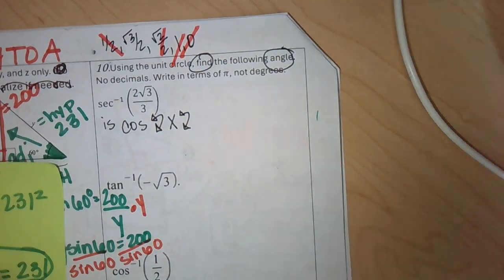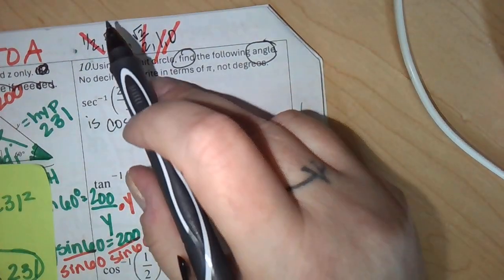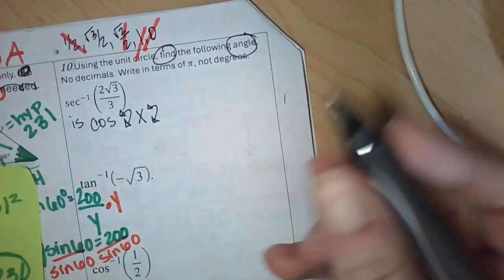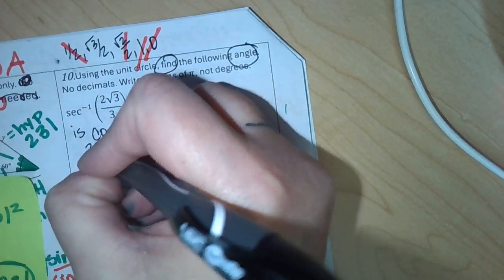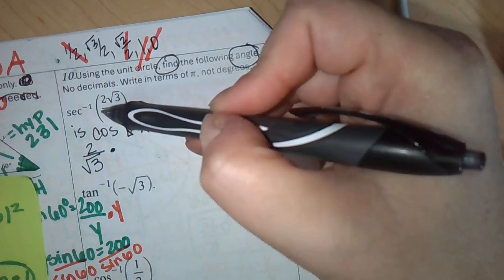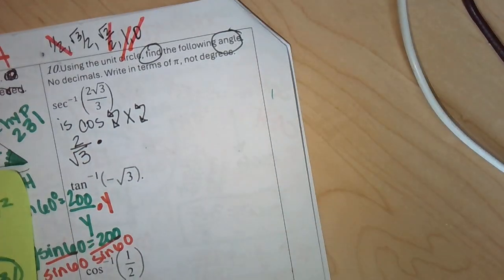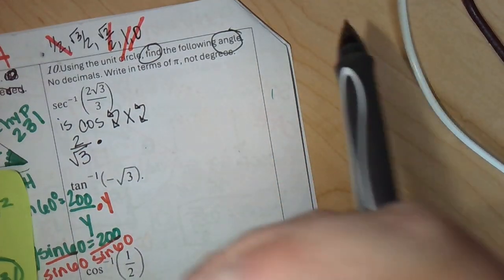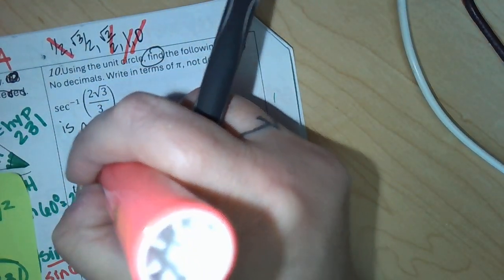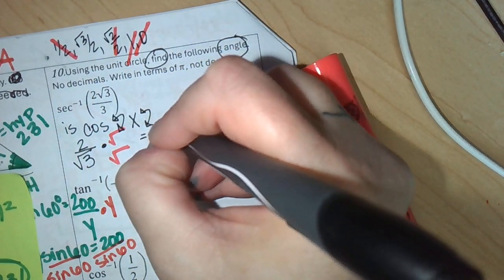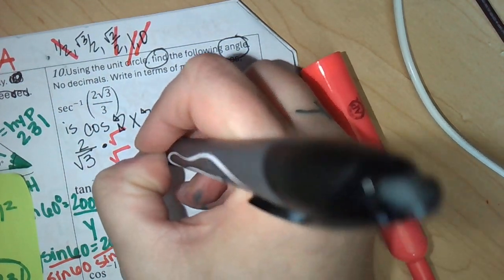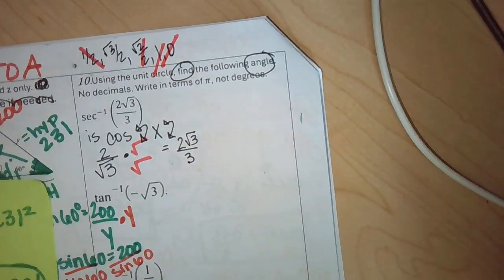So that must mean I'm supposed to be flipping a square root of 3 over 2. Let's see if I get 2 square root of 3 over 3. I flip the x value, then I multiply by the square root, and you get 2 square root of 3 over 3.